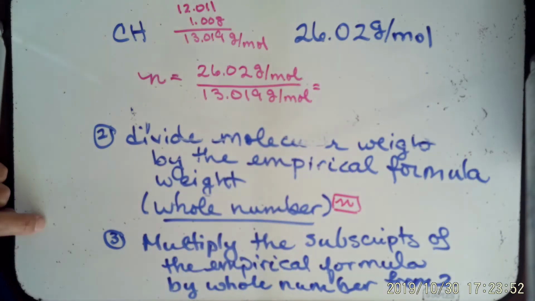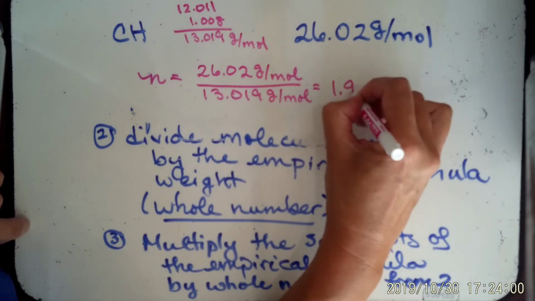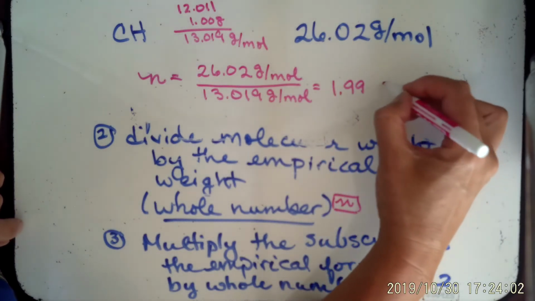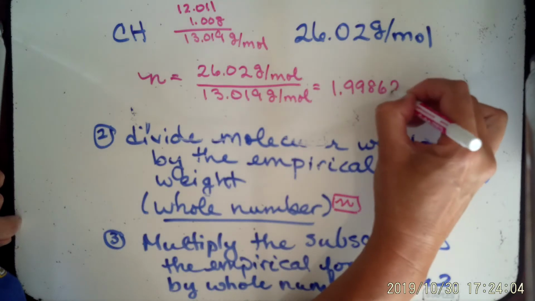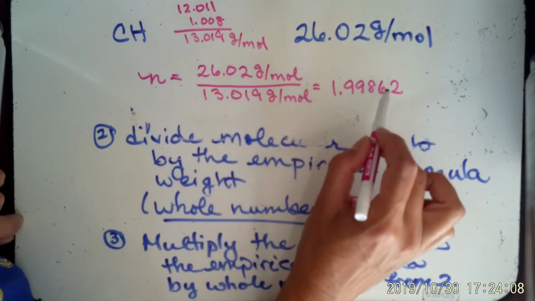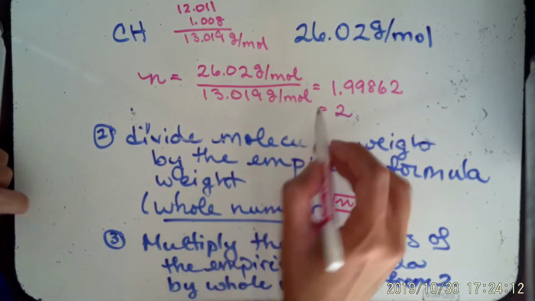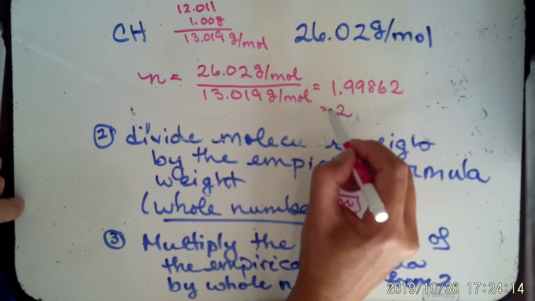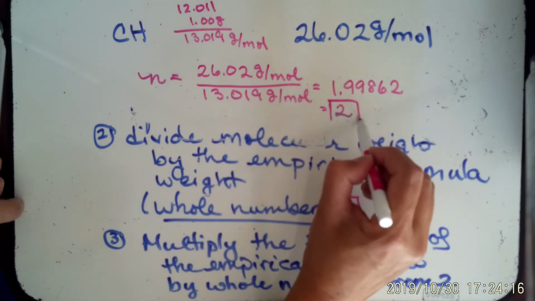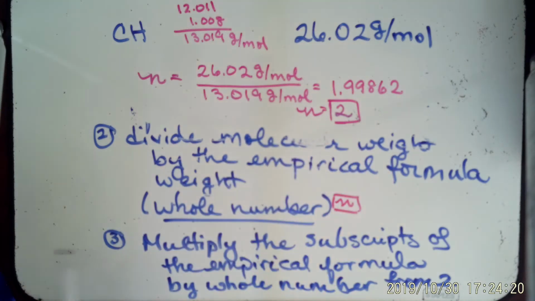And what we get is 1.99862, which you round up, it's going to be equal to 2. Okay, this is within our plus or minus a hundredth. So n is going to be equal to 2.